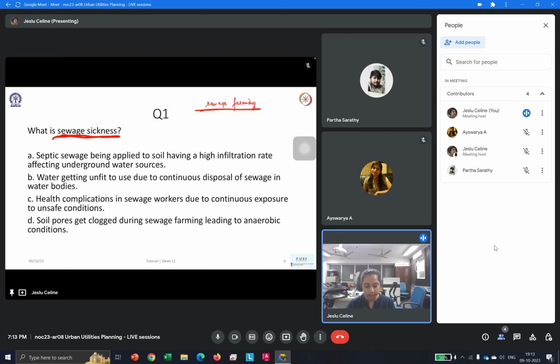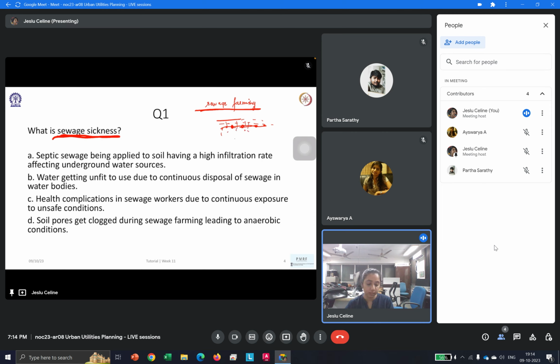While using this method, one of the problems is that sometimes if the water is not treated properly, or if there are many impurities in the sewage, then the soil pores can get clogged. Imagine we have the soil and we are using this water for irrigation. Because the pores get clogged, there would not be much penetration inside.